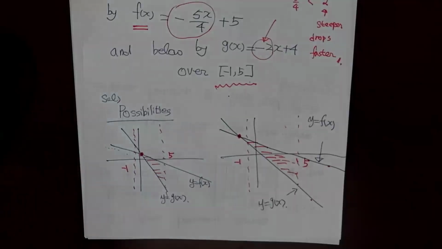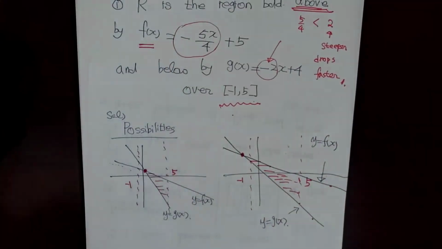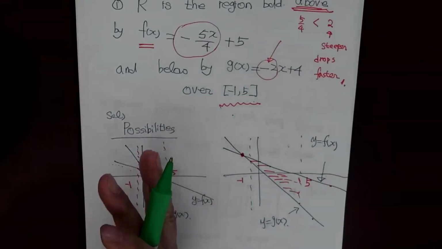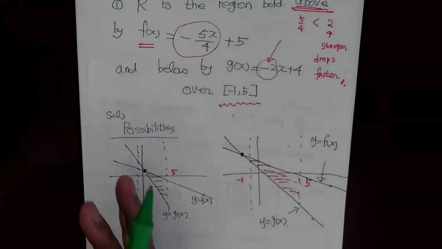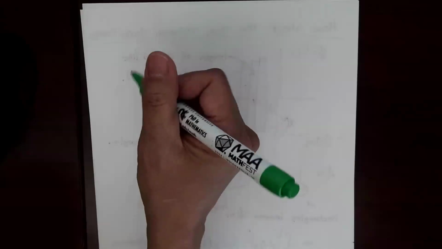So what we have to do first is find the intersection point to make sure that the intersection point doesn't occur between -1 and 5. Let's solve the equation.